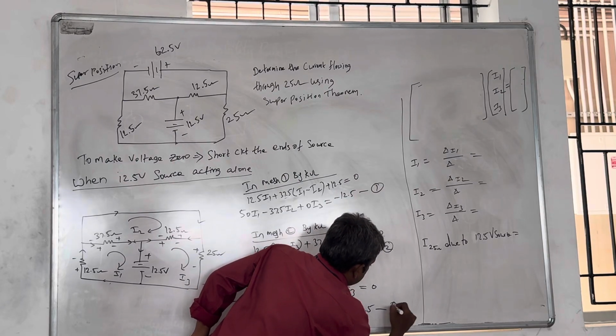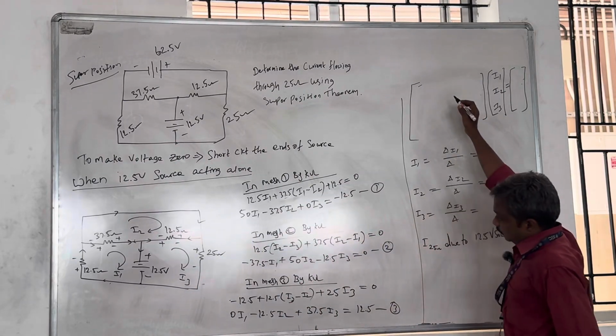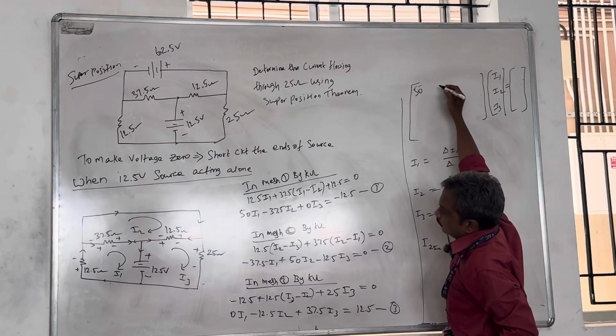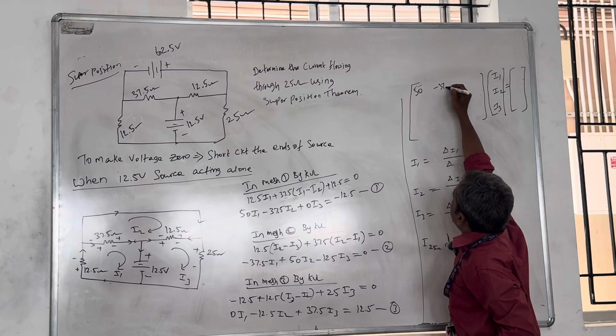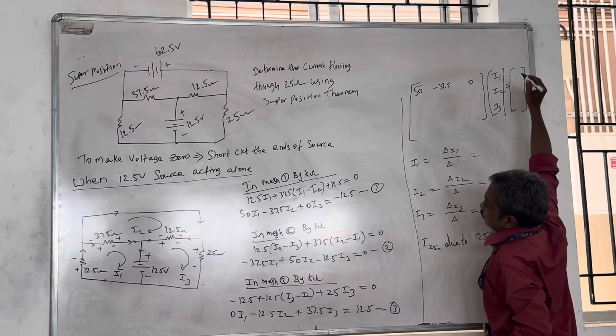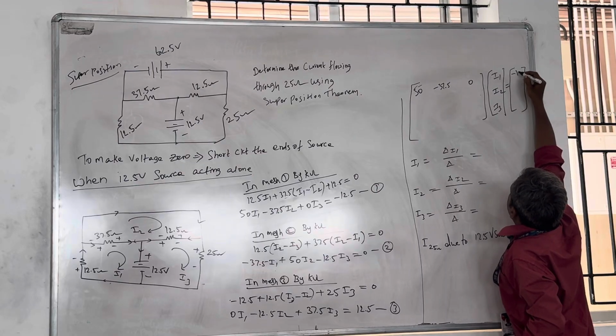That is all. You write the coefficients here. Mesh equation 1: 50, minus 37.5, 0, minus 12.5.